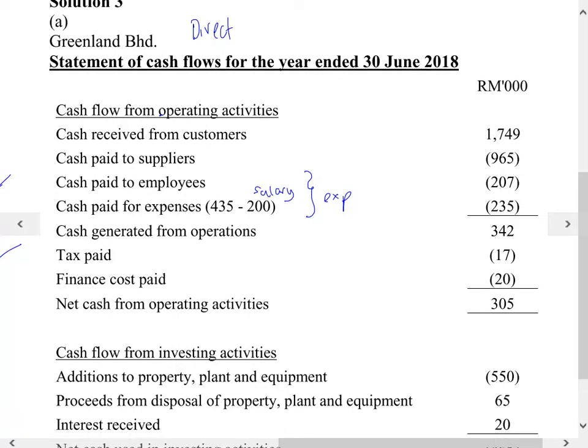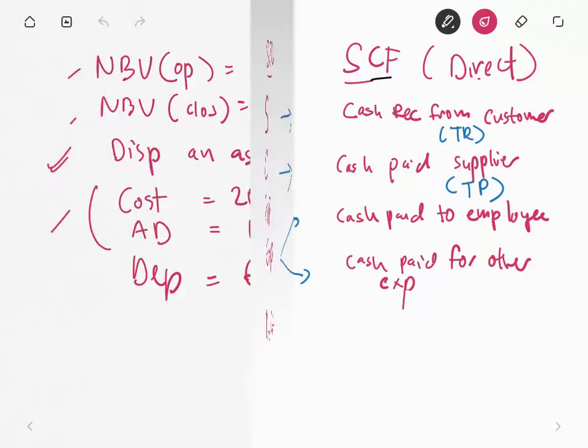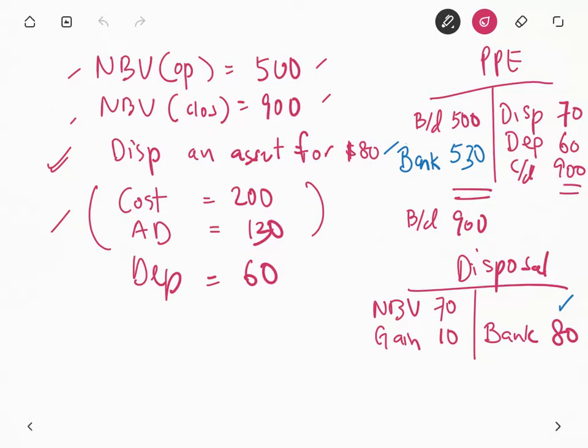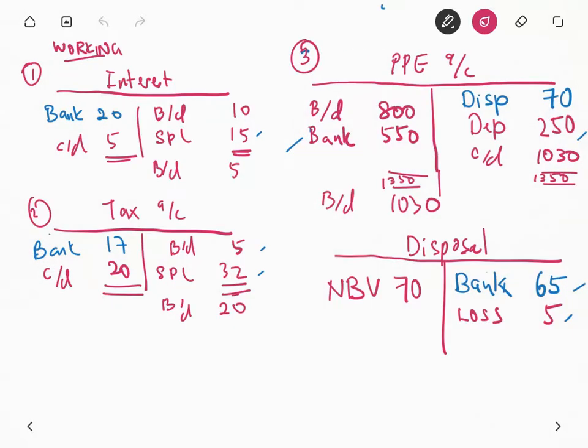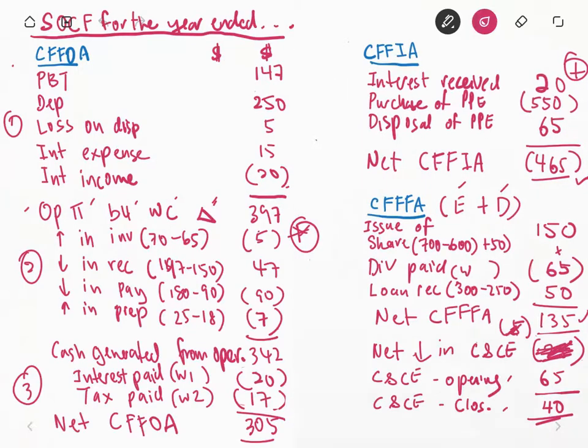In other words, for the direct method, the only difference is from here all the way to here, Section 1 and Section 2.